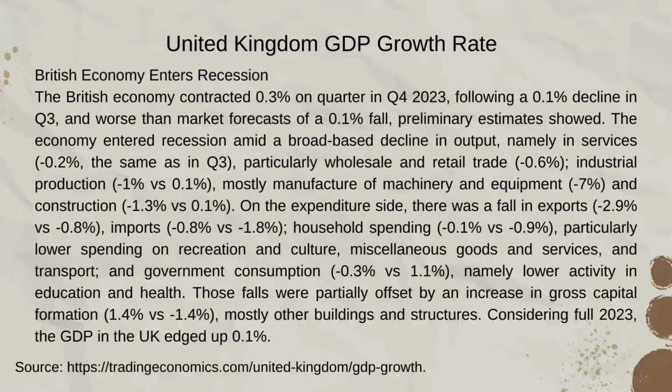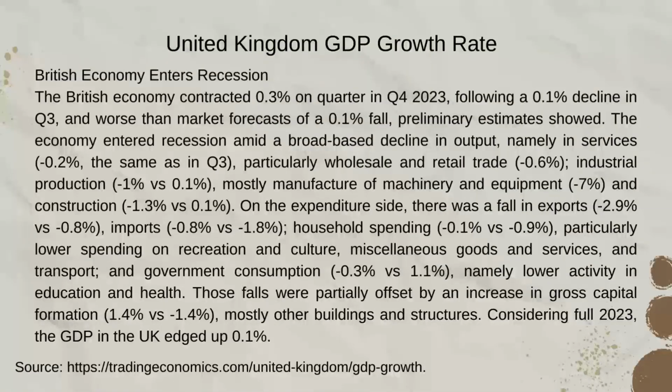Government consumption, negative 0.3% versus 1.1%, namely lower activity in education and health. Those falls were partially offset by an increase in gross capital formation, 1.4% versus negative 1.4%, mostly other buildings and structures.